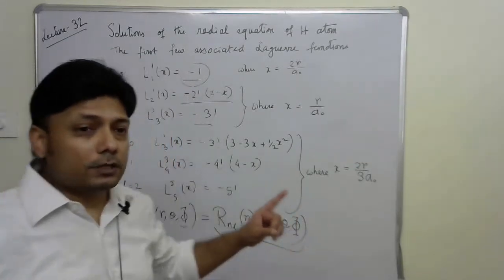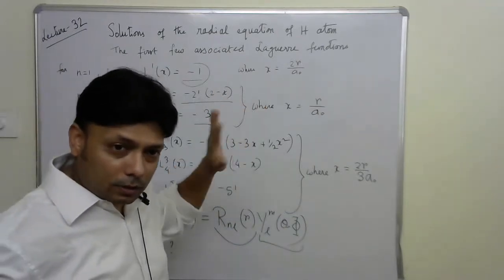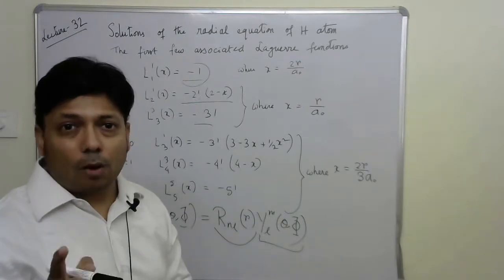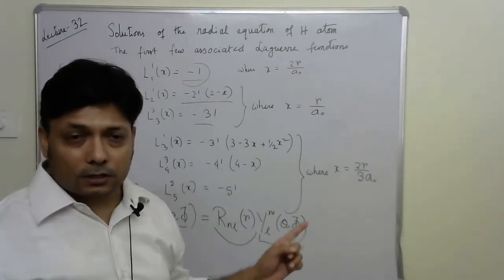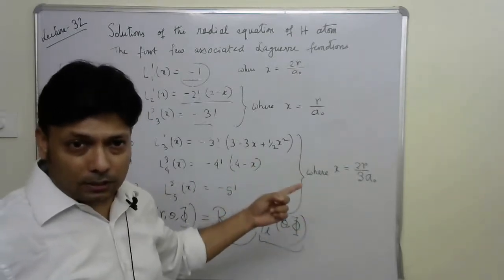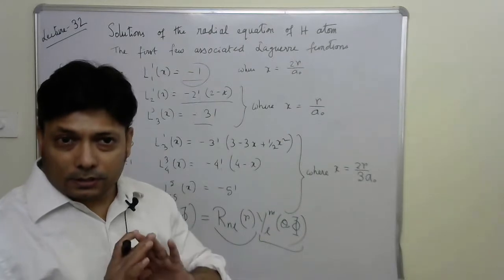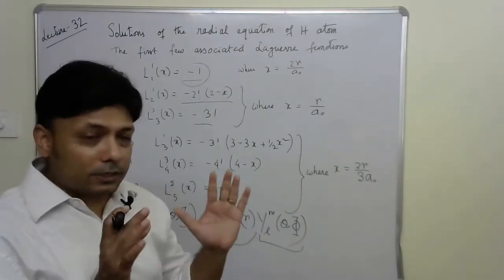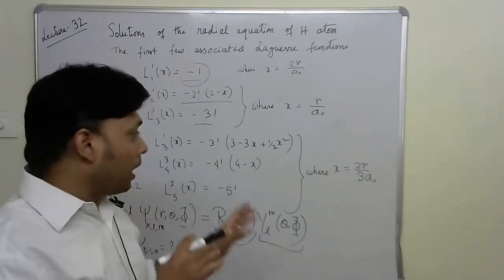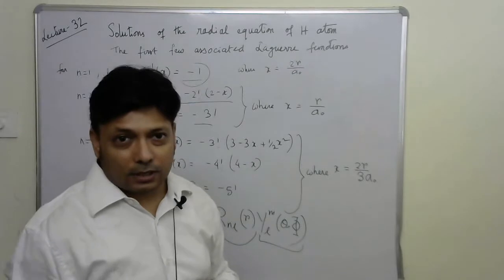So let's erase the board and find out those psi's. But remember, it's your job to verify from the standard table that whatever I'm going to write in the next minute, you also get the same result. This is nothing complicated. You just have to follow some standard formulas or the standard table, plug in those values, and make sure you get the correct expressions.